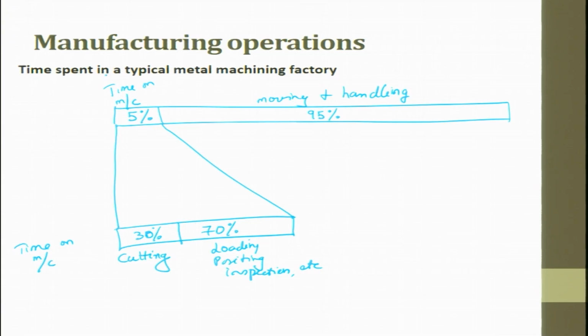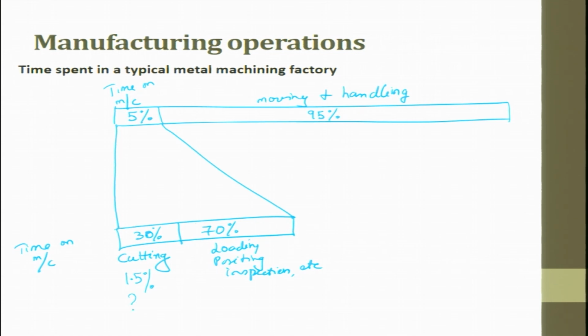The time spent in a typical metal machining factory: only 5% of the time the object spends in machining. Out of this 5%, again 30%. So, that means 1.5% of the total 100% of the time which is spent by a part is spent for metal cutting.